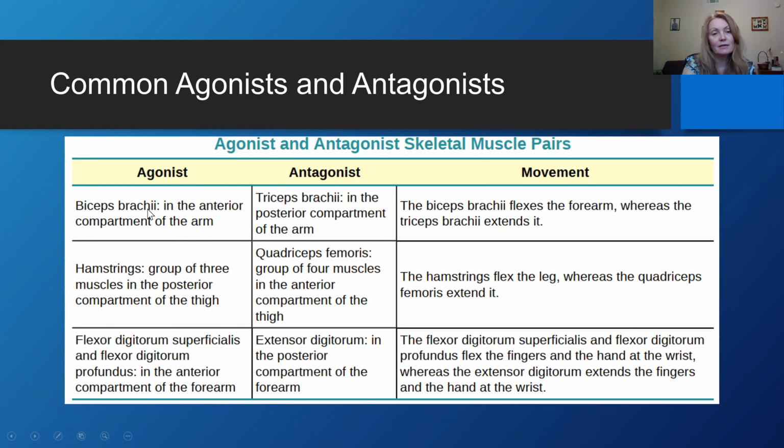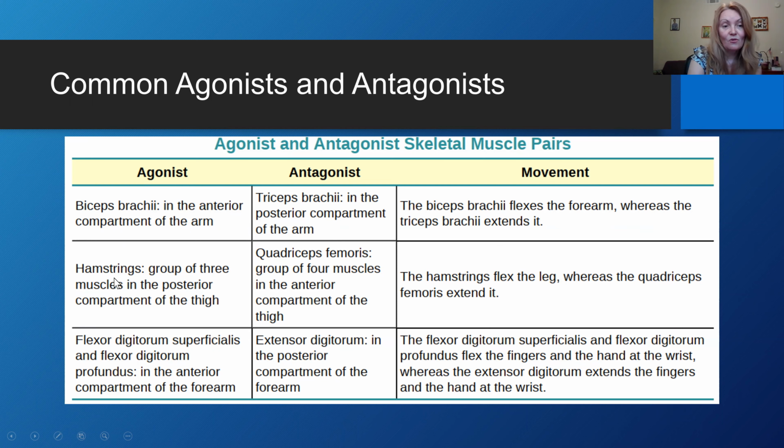So then biceps is antagonist to triceps, right? But usually what they do, they take flexion as maybe the prime movement, and then extension is going to be the antagonistic movement. And then, if you see, agonist is hamstring.